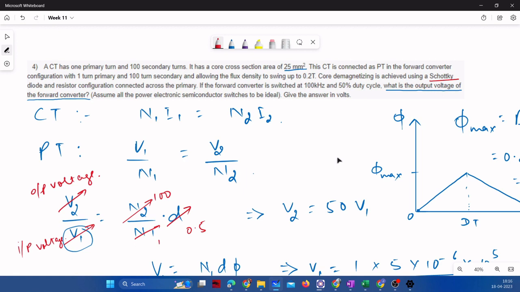Instead of V2, we have to write V naught. Yes, V2 is V naught here. I think you are confused with this V1 by N1 equal to V2 by N2. Yes, sir. This is just the notation here. Let me remove it for you. Let me call it E1 and E2. Now I hope it should be fine for you.